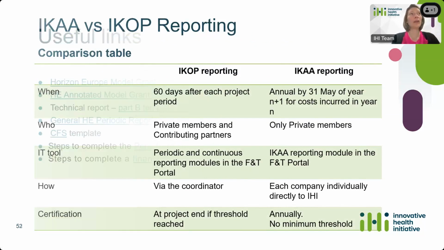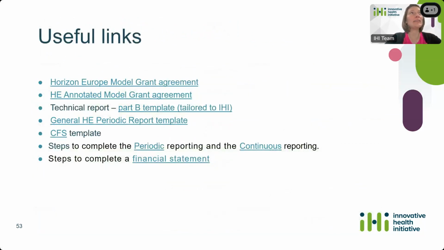And yeah, this last slide is to provide you some useful links. As I said, the model grant agreement and the annotated model grant agreement are really the two key documents that you need to read to be aware of the different obligations and your different rights. The part B template is also important because it is tailored to IHI.